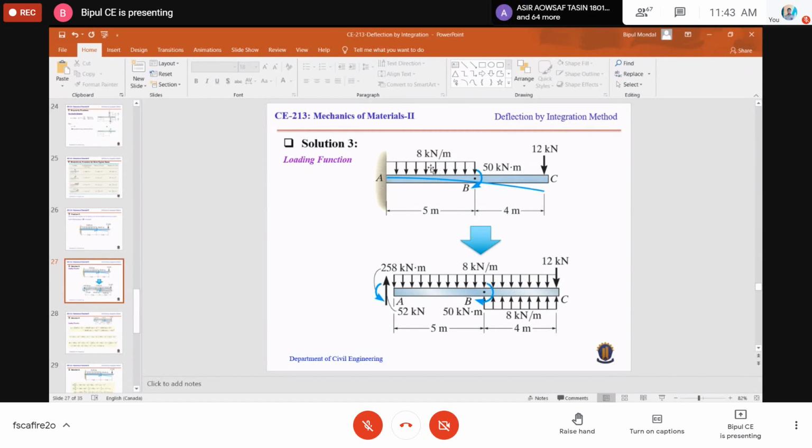As we have seen, the distributed load must be extended up to the end of the structure. Here the distributed load ends here, but we have to extend it up to this point. If we simply extend it, this diagram will not be equivalent, because there is an additional applied load.